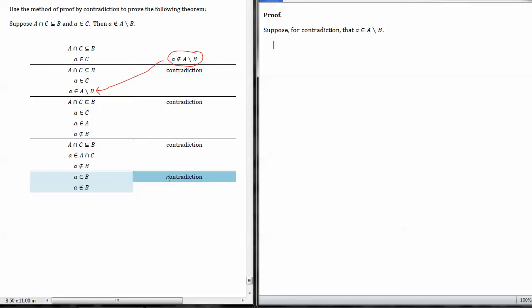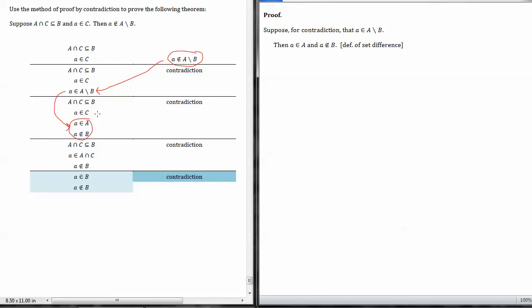And then after that, we just use the definition of set difference to arrive at these two statements. So we'll say then A is in A and A is not in B by the definition of set difference.